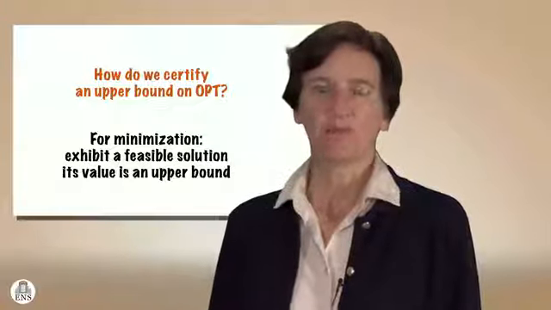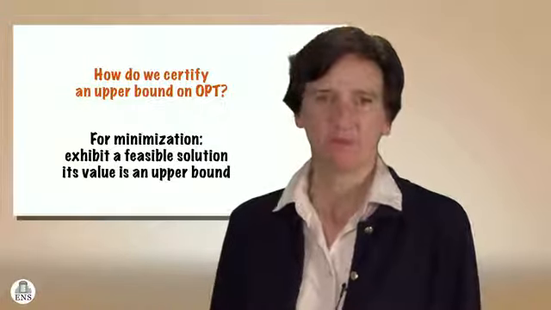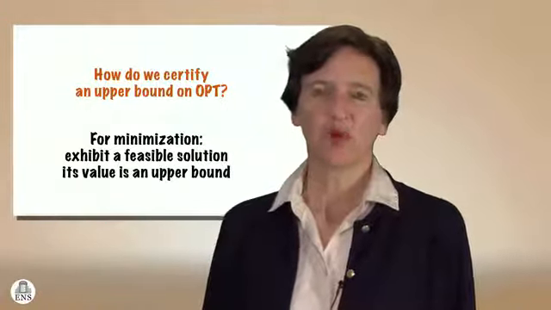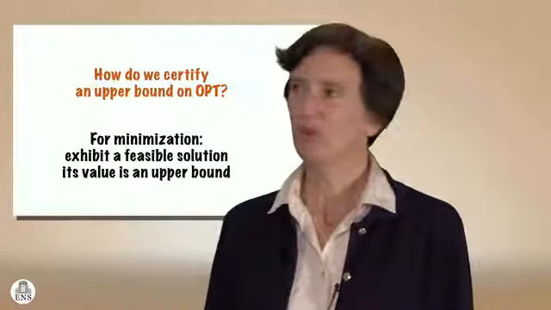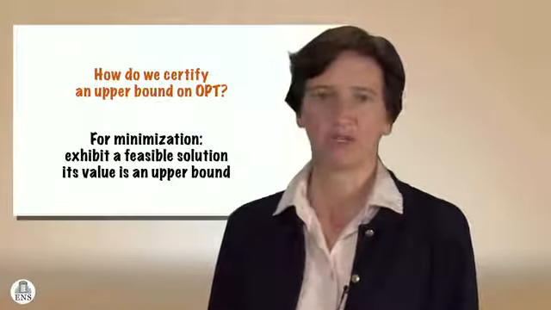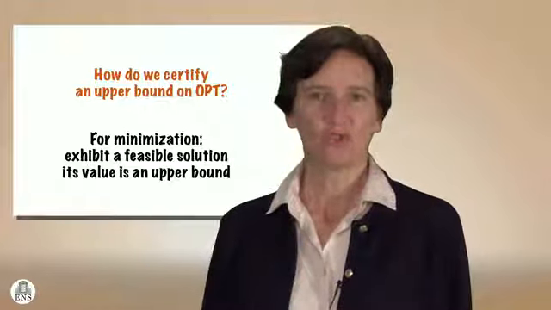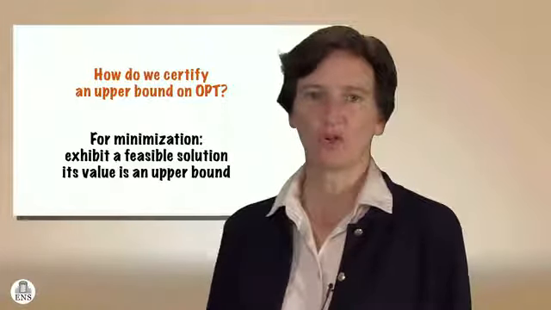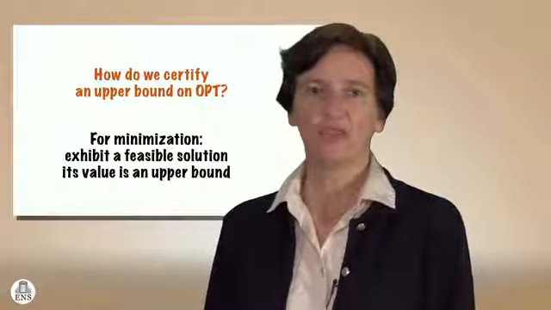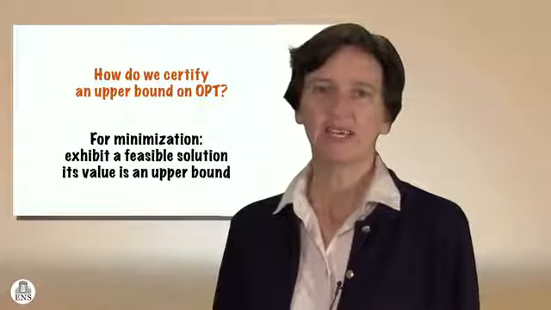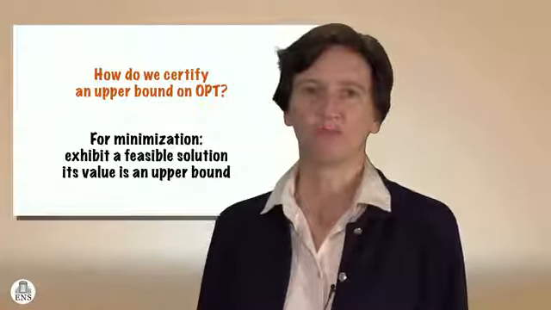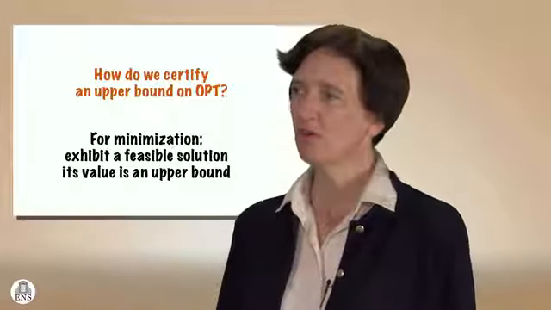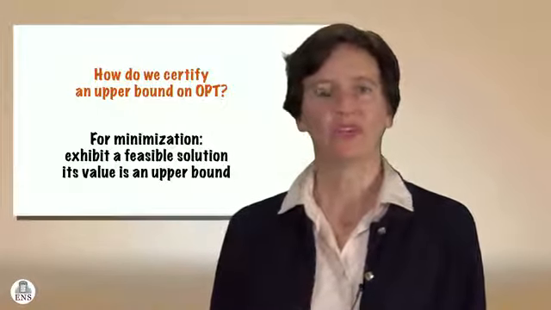In other words, we have a minimization problem. How do we certify an upper bound on opt? It suffices to give a solution that is feasible, satisfies all constraints, and then the value of this solution is an upper bound on opt. So that's a technique for proving an upper bound on the linear program.